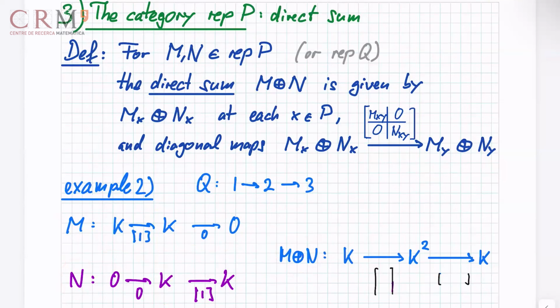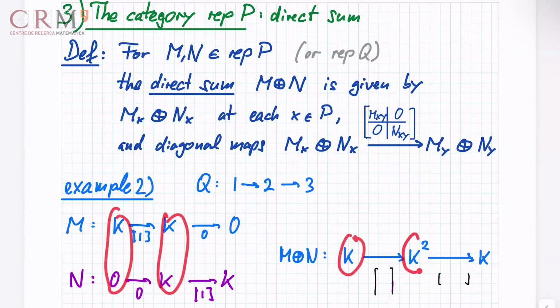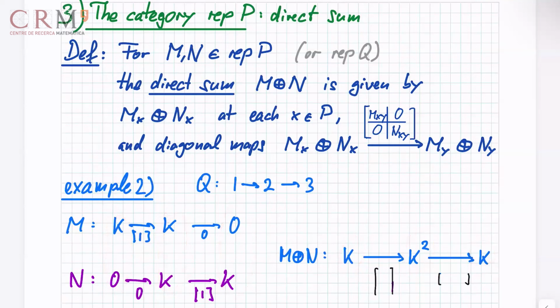So I take the direct sum of the vector spaces. K plus 0, this is one-dimensional, okay? K plus K, this is two-dimensional, and 0 plus K, this is one-dimensional. Okay, good. And then I just copy the matrices diagonally into the appropriate places. Good.